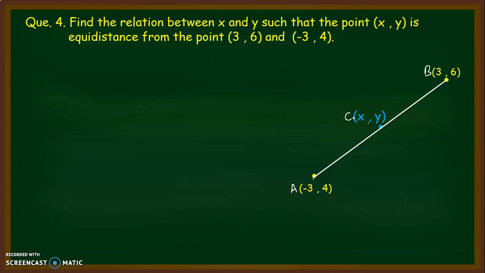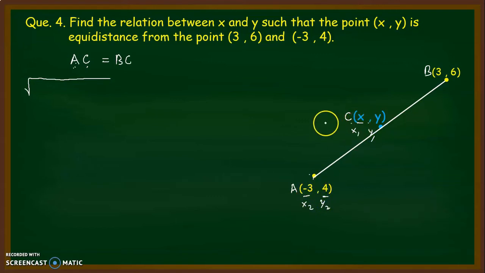So here if you want to find the relation between x and y, it is given that this point C is equidistant from A and B. So we can say that the distance of A and C is equal to the distance of B and C. If you use the distance formula, the distance between A and C will be equal to under root, let's say this is x1, y1 and this is x2, y2.